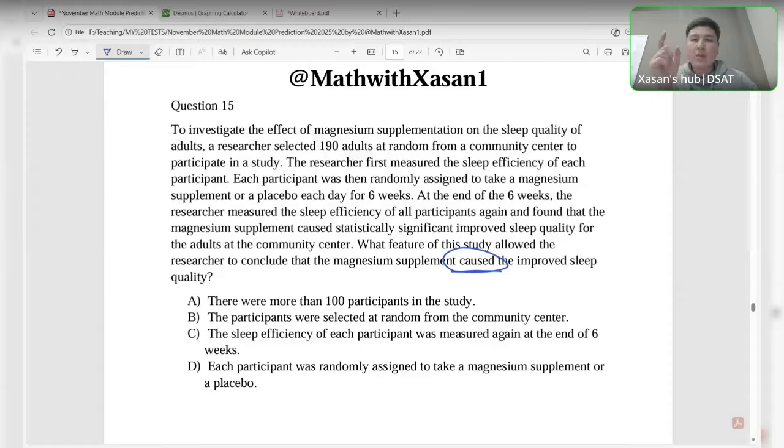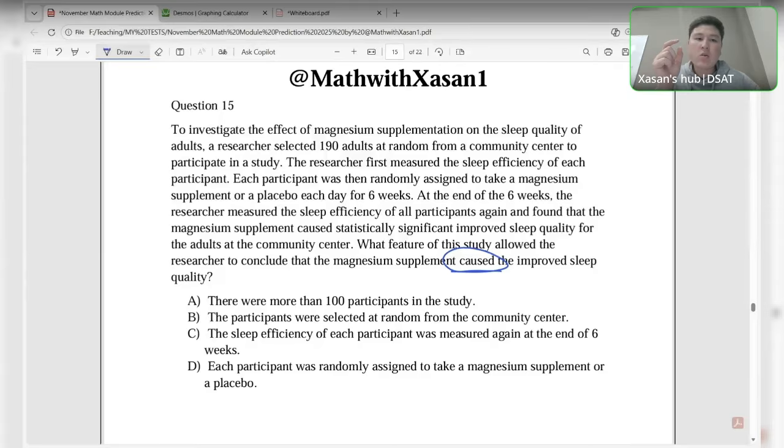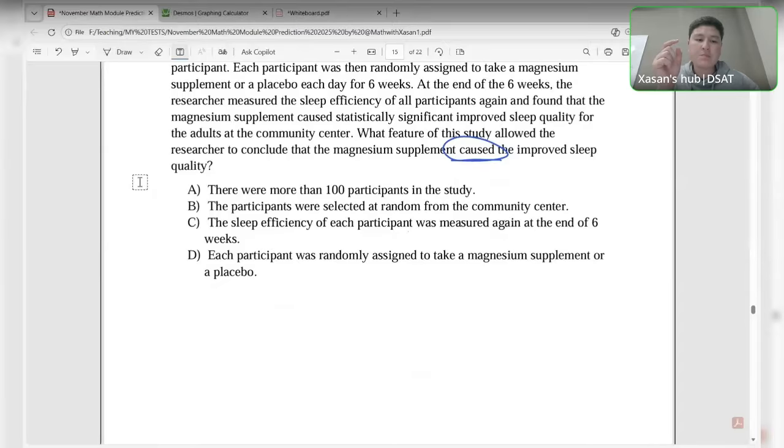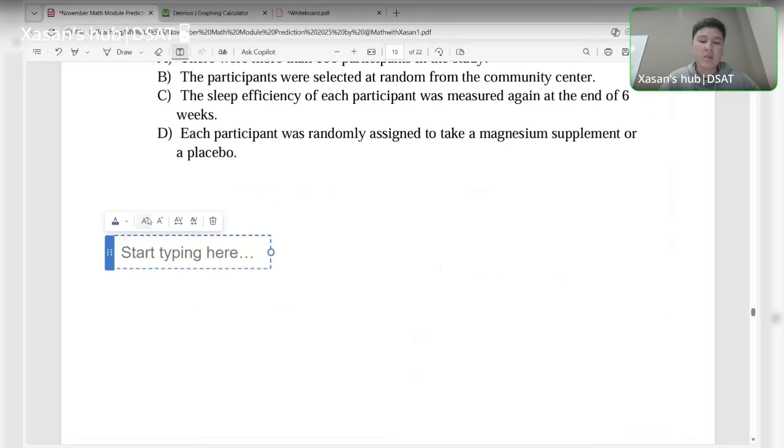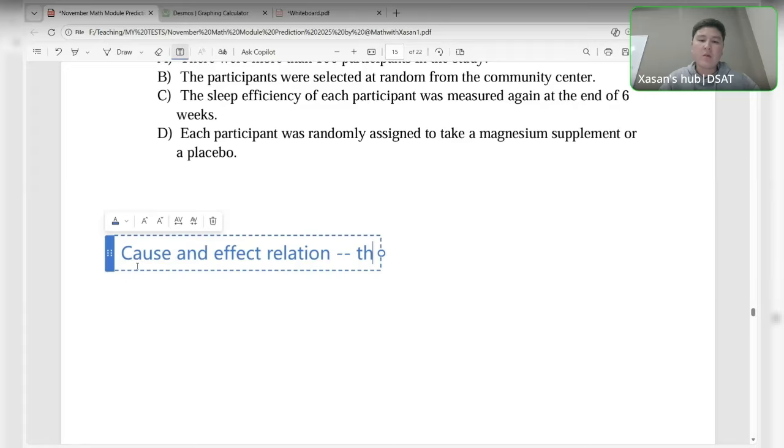Statistics defines the cause and effect relation. To get the cause and effect relation in this kind of study, you always have to divide the sample. The sample must be randomly assigned.